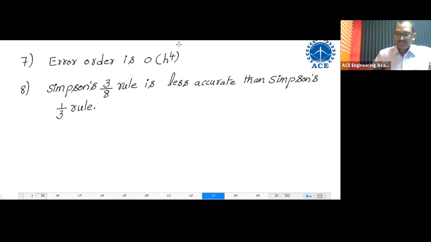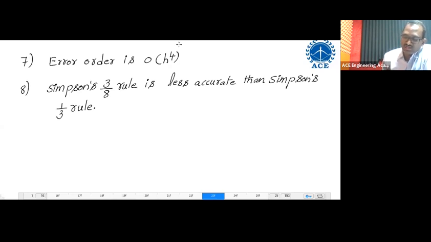Electrical engineering students are there, they can leave. Runge-Kutta 4th order method is the last method for them. Moreover, Simpson's 3/8 rule is a 4-point formula.